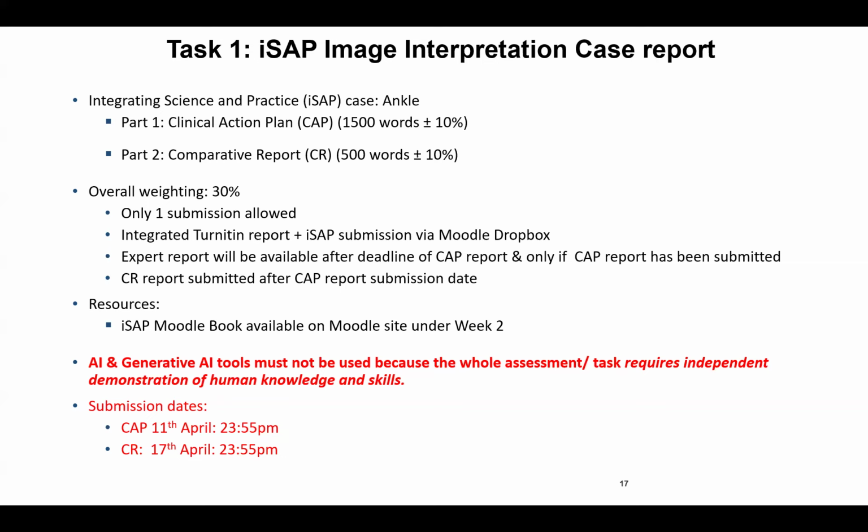You then get the expert's report about that case, and you need to compare and contrast your CAP with the expert and then produce a summary of your findings on the CR report. And that is normally submitted a week later. So the ISAP case will be available from next week, and it will have all the information required.